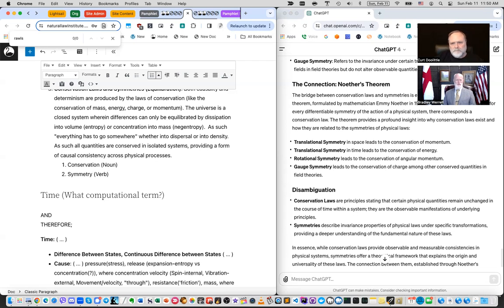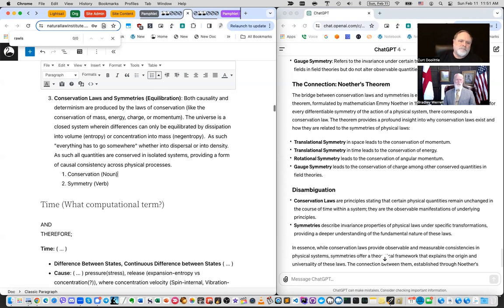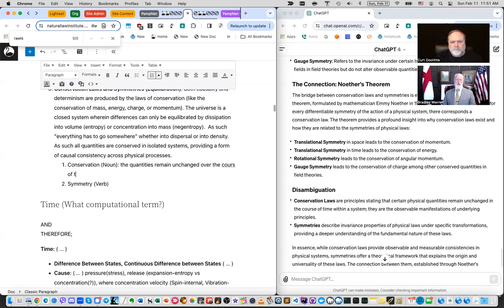Conservation applies to the objects. They may be transformed, right?